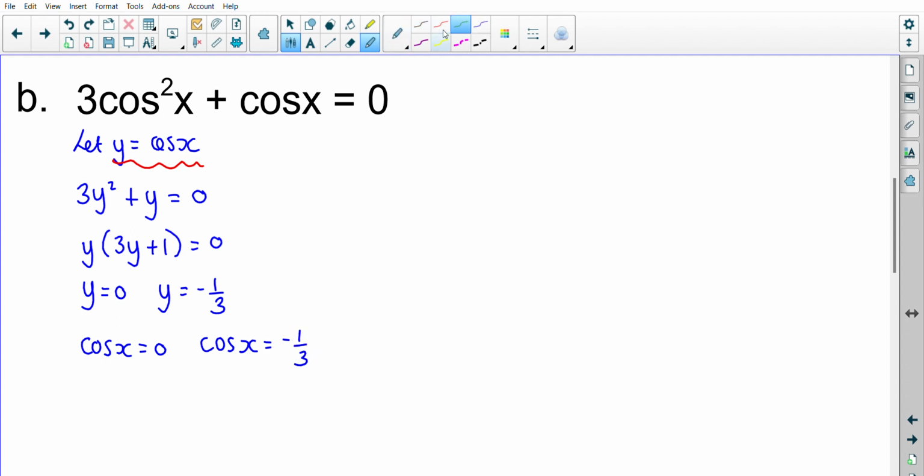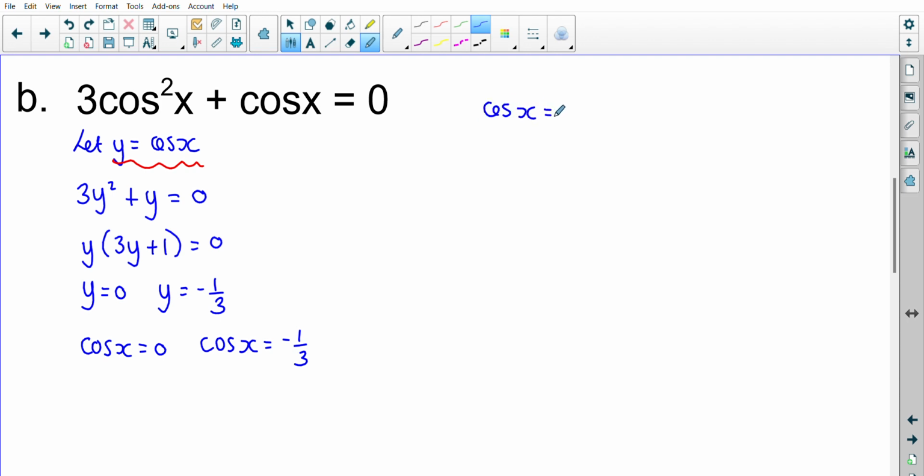Again, if you wanted to just jump here, you could say, right, there's a cos x in common, and then it's 3 cos x plus 1, and then you can solve from there and get where I'm up to. So I'm going to have to treat these differently then. So cos x is 0 and cos x is minus a third.